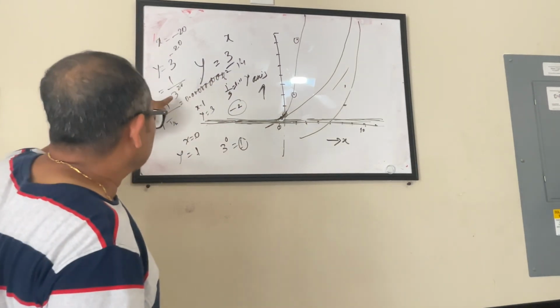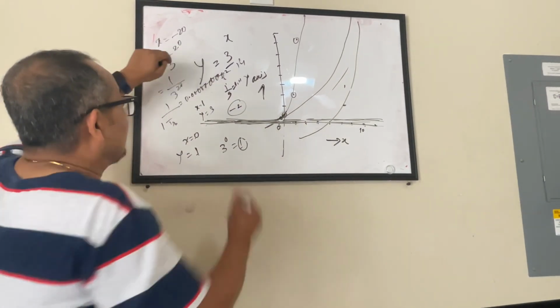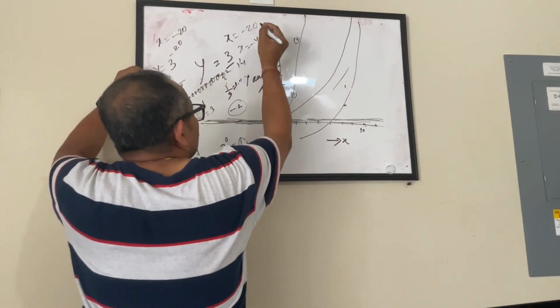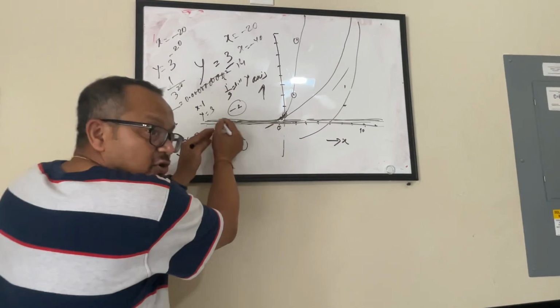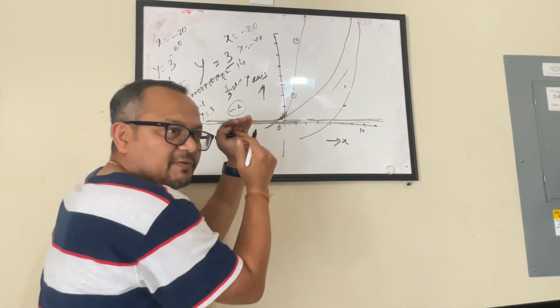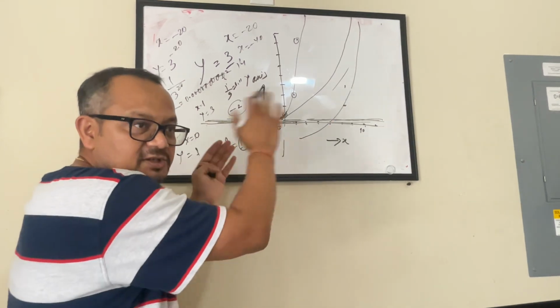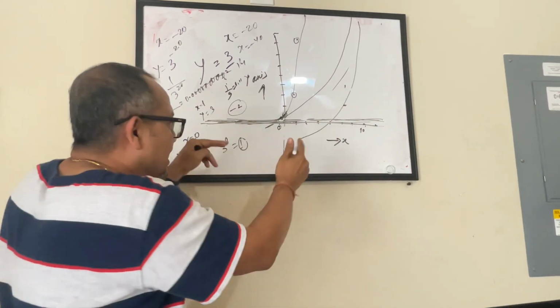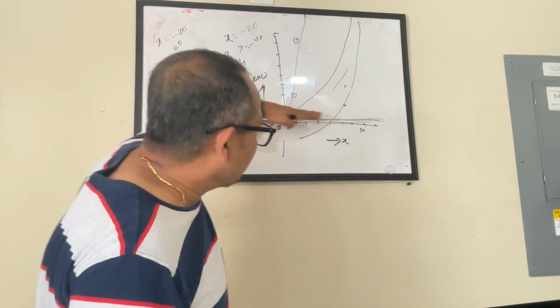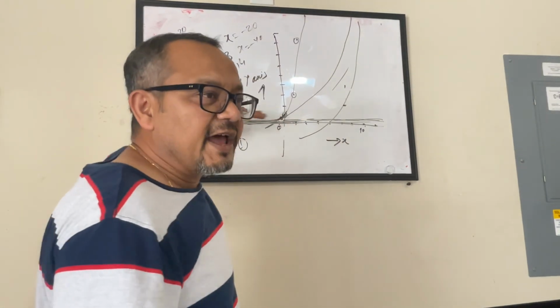Now look at x equals minus 20 versus x equals minus 40. It will be hovering around this line. It just adds a few more zeros and a few extra decimal points, but doesn't come to 0. So this line is called the x asymptote.